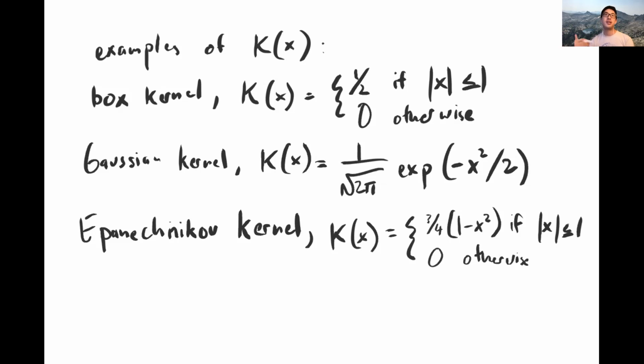I think you try a couple of them and see what they do to your results. They can be particular to the problem that you're working on. But really, in practice, choice of H is most important.